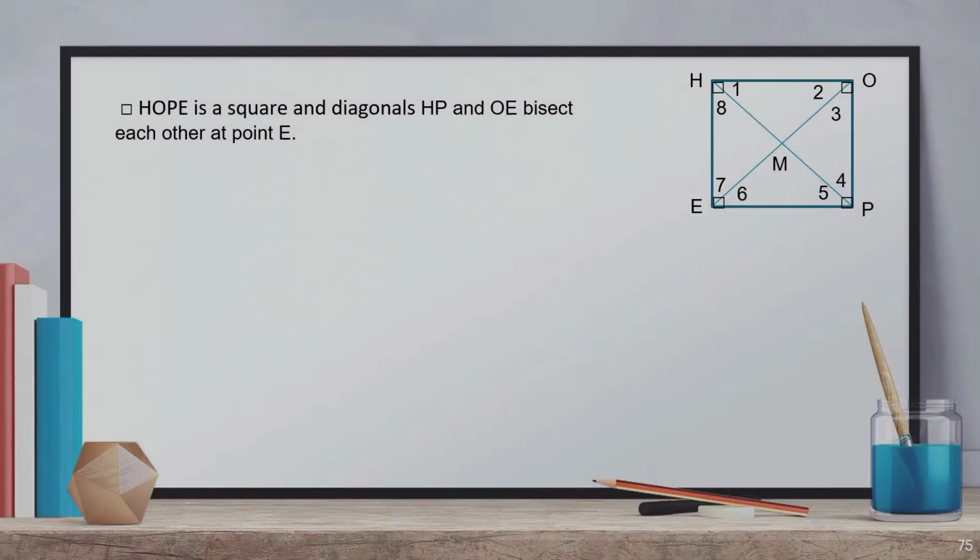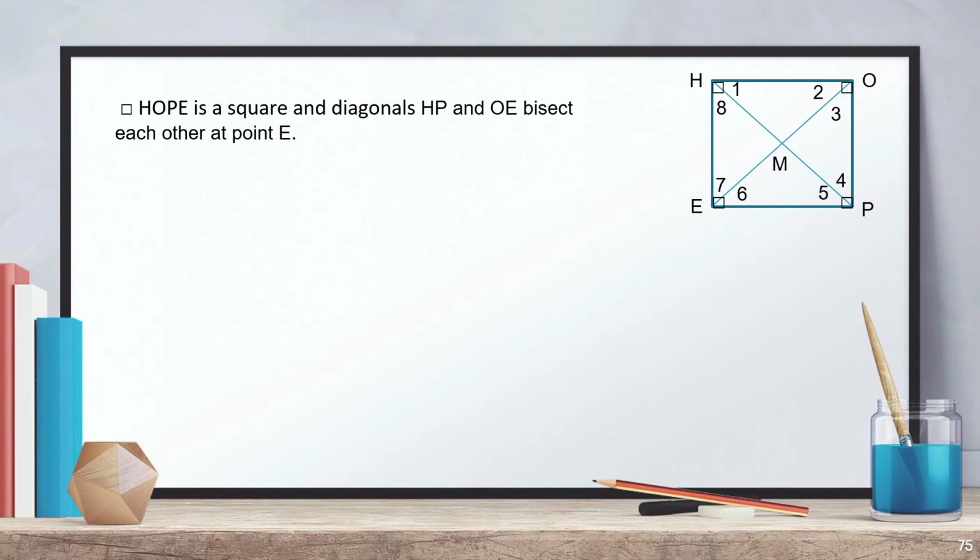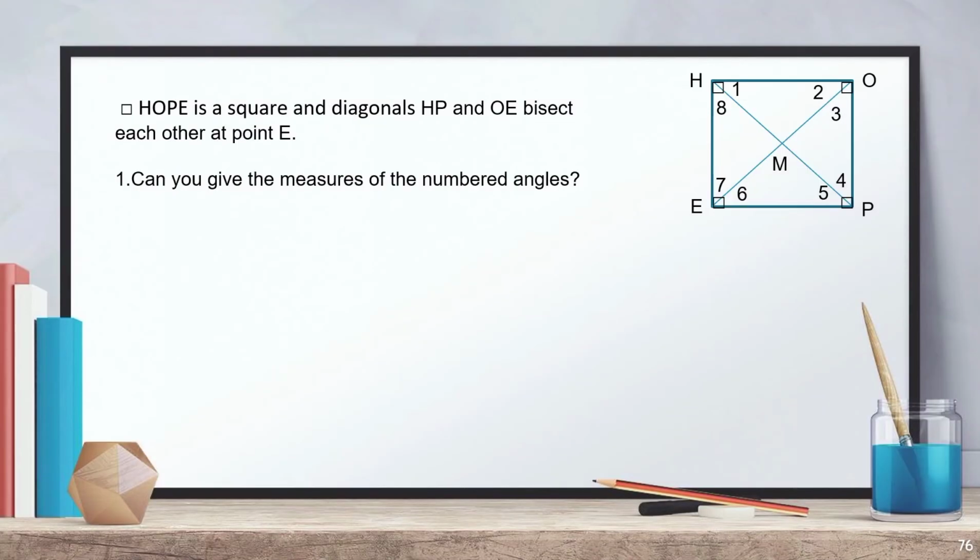Now let us apply what you have learned in our discussion. So we have here a quadrilateral HOPE. HOPE is a square, and diagonals HP and OE bisect each other at point M. So let us answer the following questions. Can you give the measures of the numbered angles, from angle 1, angle 2, angle 3, 4, 5, 6, 7, and 8?